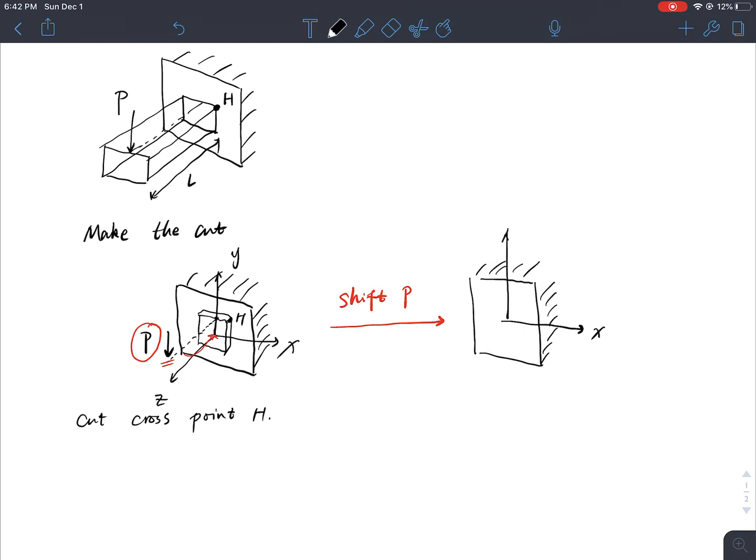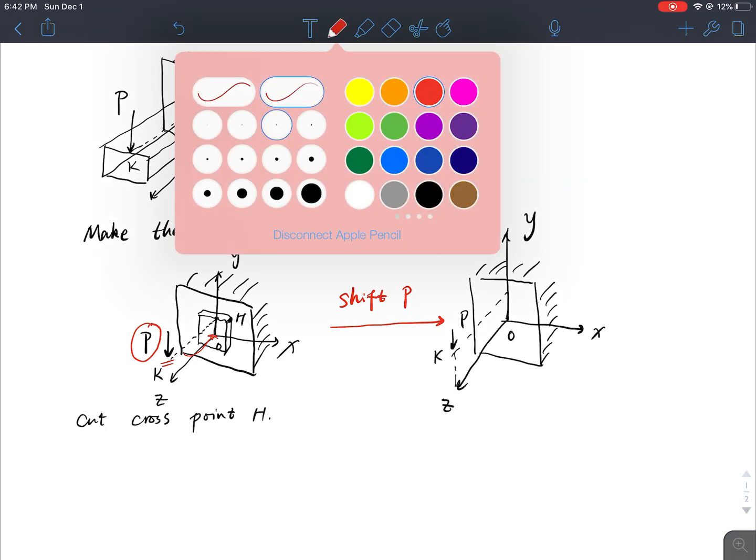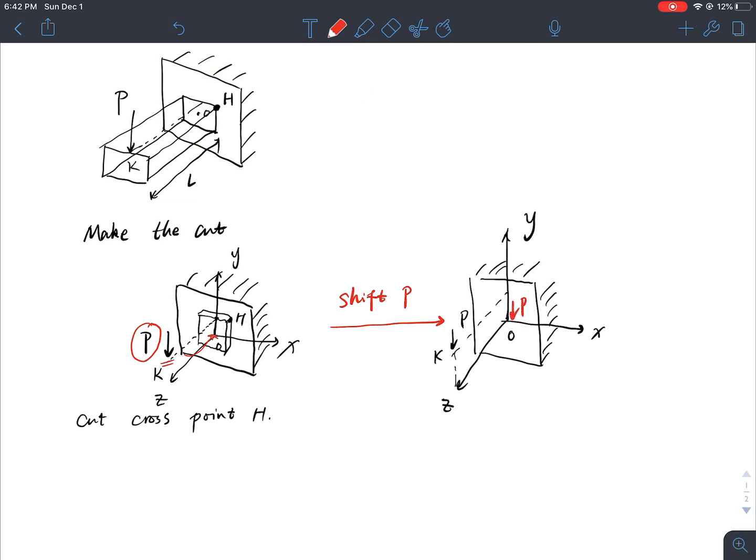Once I made this shift, I have to observe how much distance I have traveled while shifting from the far point P, let's give it a name, K, to the center point O. I would like to see how much distance I moved. P was originally here, and I shifted to the point here.